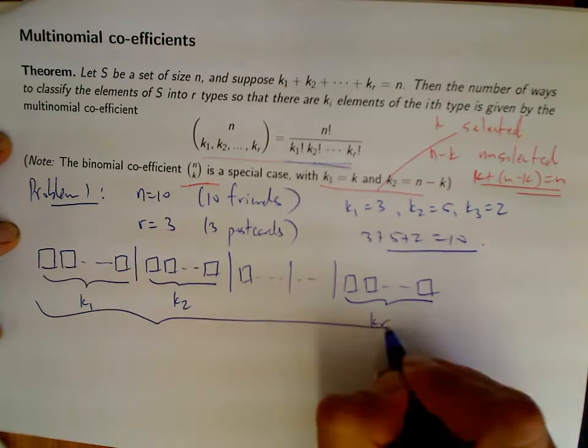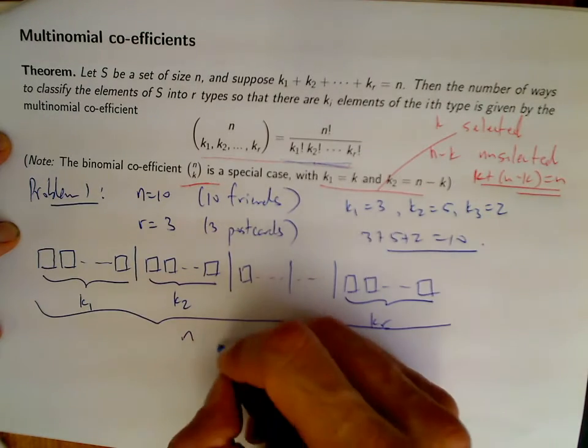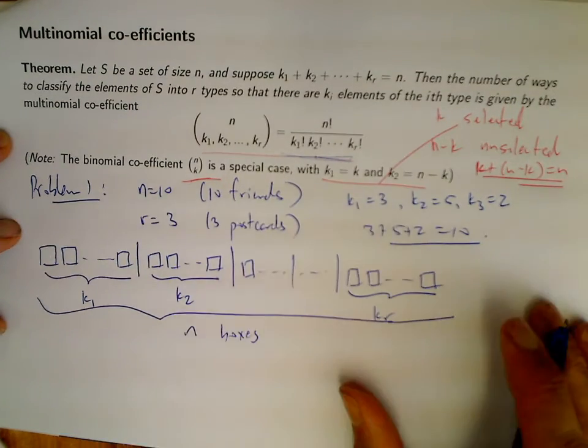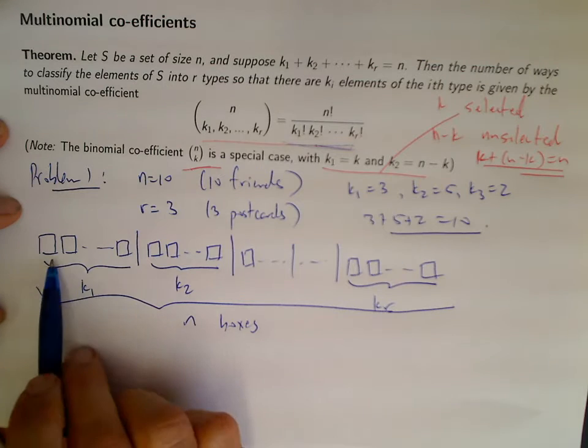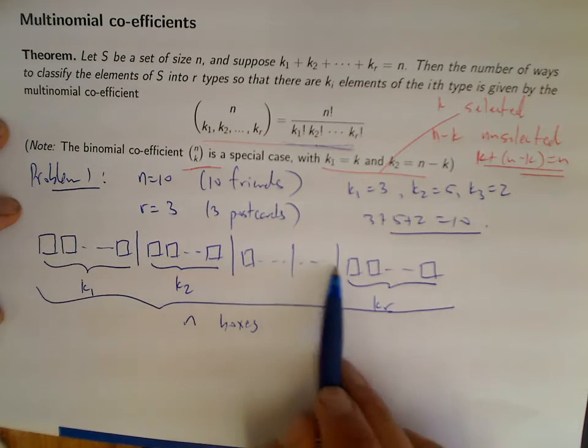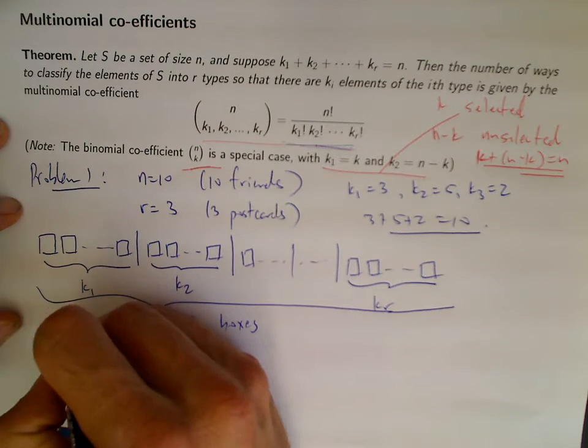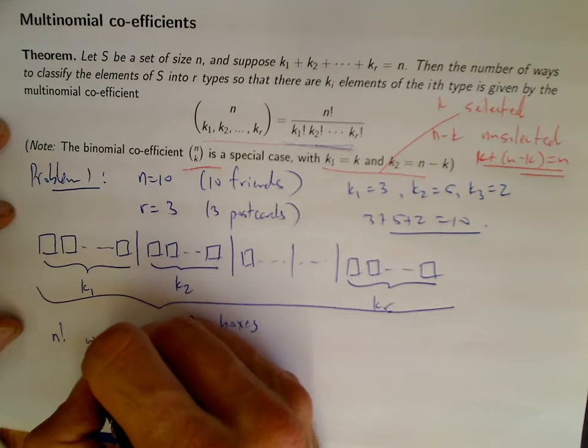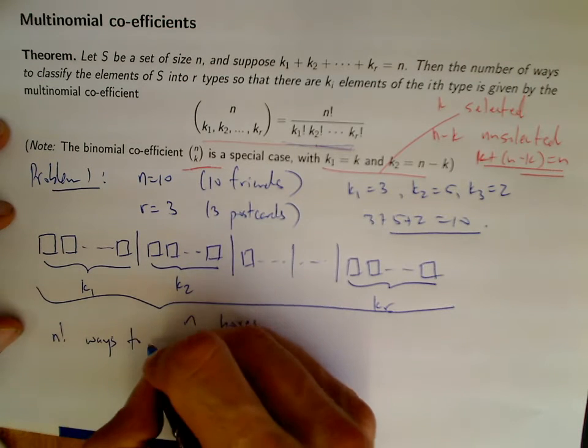Okay, and altogether I've got n boxes. And so I'm going to do the same thing. I'm just going to write all of my n objects down in these boxes in some order. Okay, so there's n factorial ways to fill the boxes.